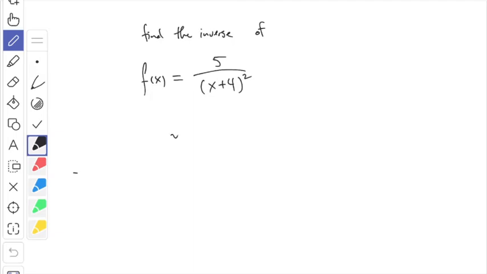So I'm going to write y equals 5 over (x plus 4) squared, and then I'm going to solve it for x. Or if you prefer, some people learn to swap the x for the y immediately at the beginning and then solve for y again. If you want to do it that way, that's fine. I prefer to do it this way. It doesn't matter. How would I solve for x in this case? Any suggestions?